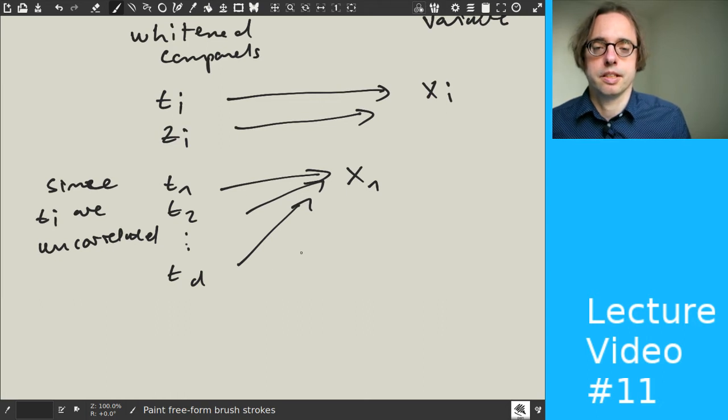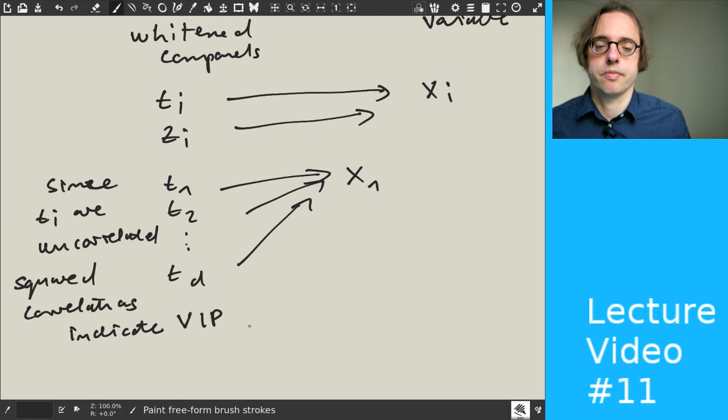So squared correlations indicate variable importance of ti for x1.